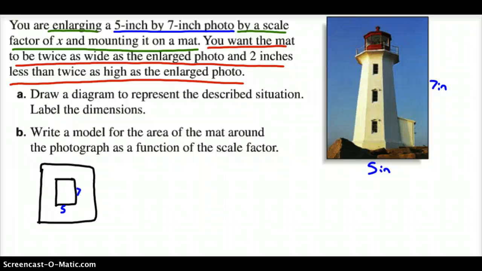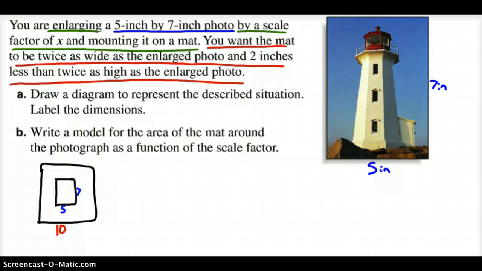The next thing is let's look at how big the mat is. It says you want the mat to be twice as wide as the enlarged photo. Well, if the photo is 5 inches wide, that means we want the mat to be 10 inches wide.